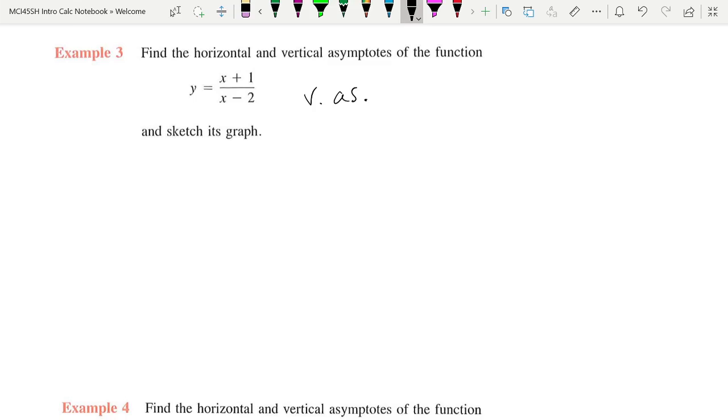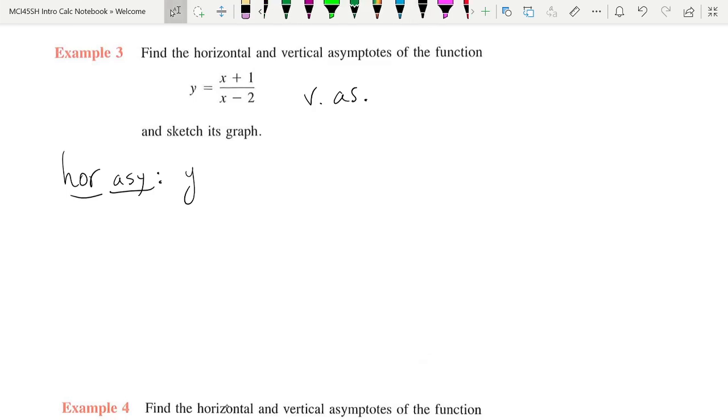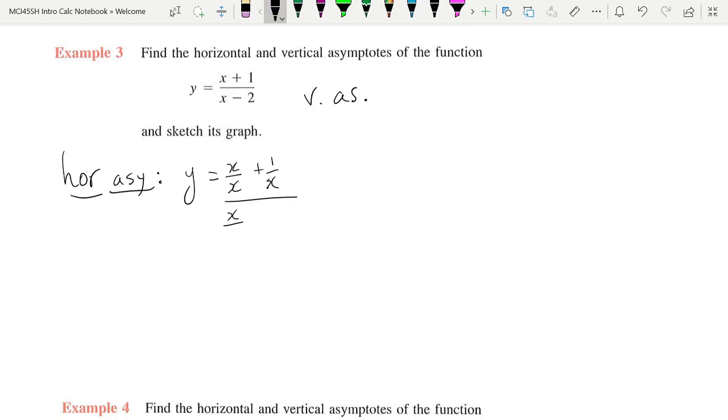Well, let's do the horizontal ones first, actually. My horizontal asymptote is going to be the limit as x approaches infinity of that thing. Take this thing and divide it by x on the top and x on the bottom.